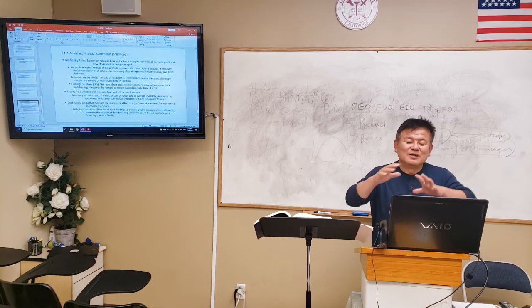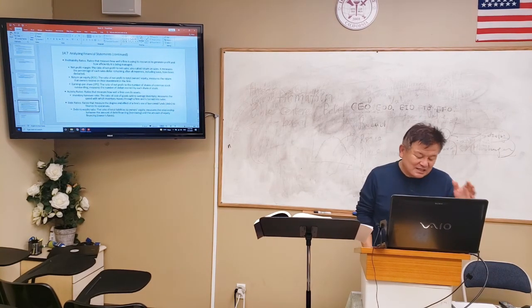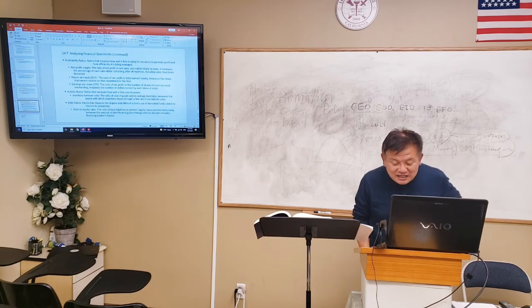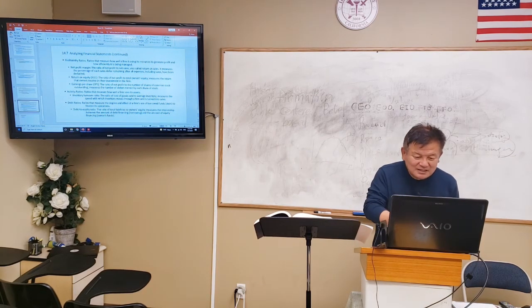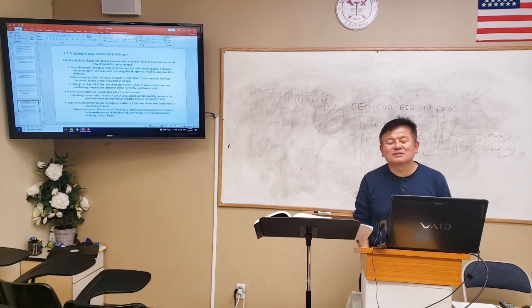This is a very basic concept for accounting, okay? So net profit margin is also called return on sales. So how can we measure that? The percentage of each sales dollar remaining after all expenses.